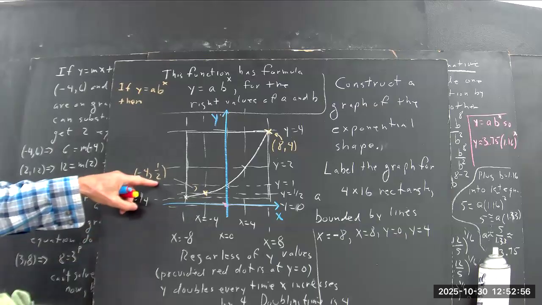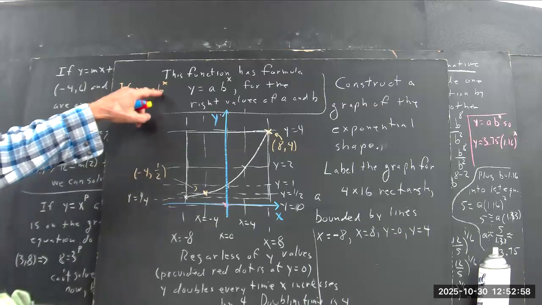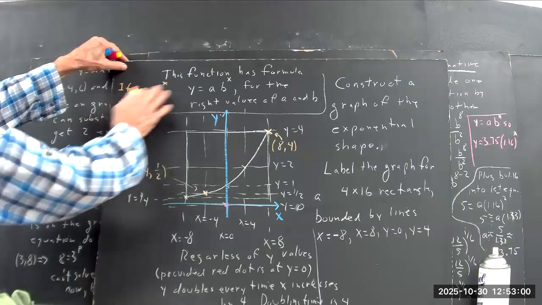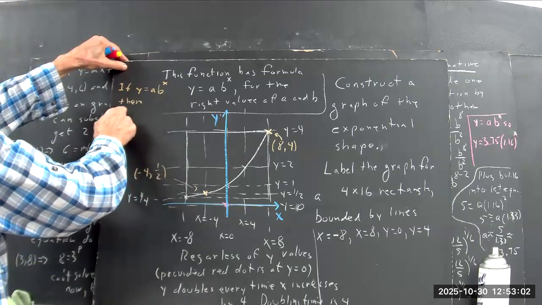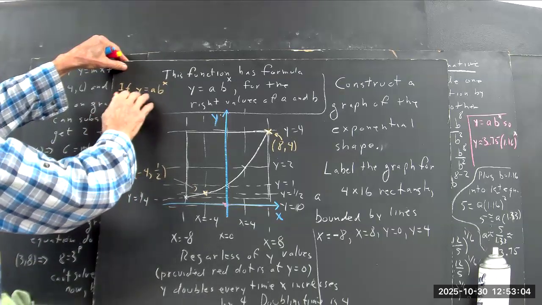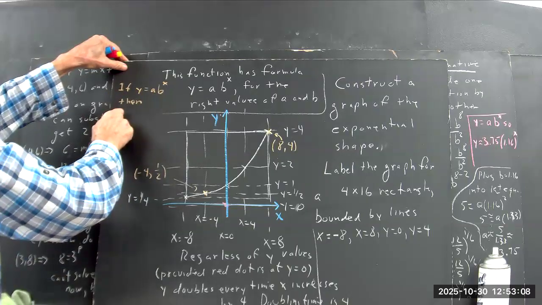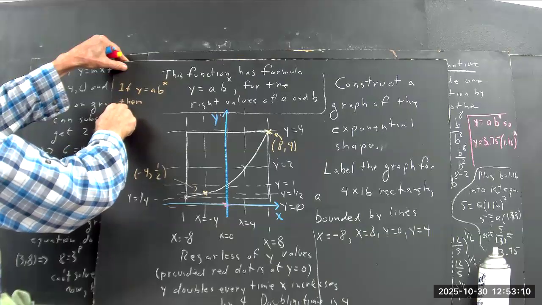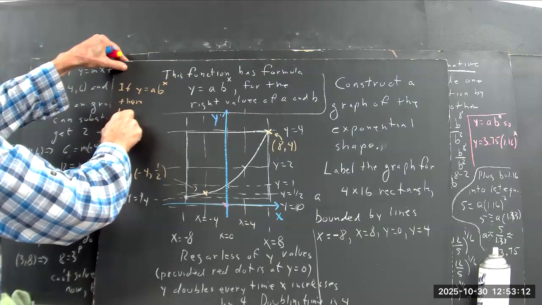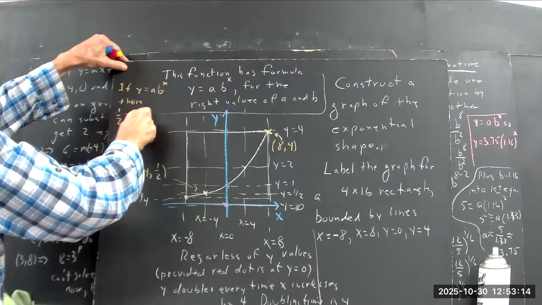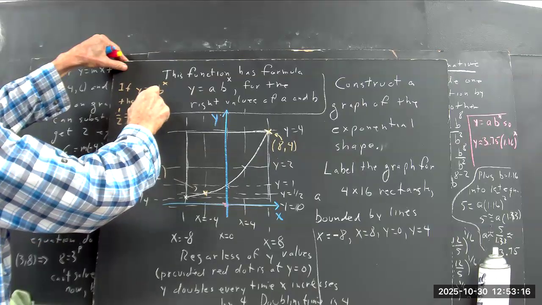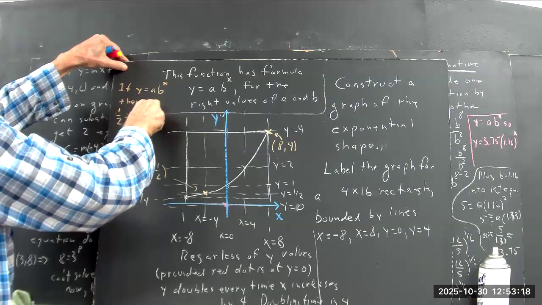So I could substitute y equals 1/2 and x equals -4 into this formula, we call this the form of the function. Okay, so we have 1/2 equals a times b to the -4.